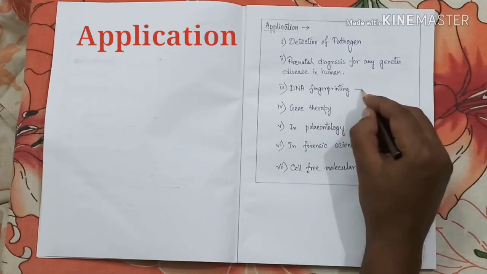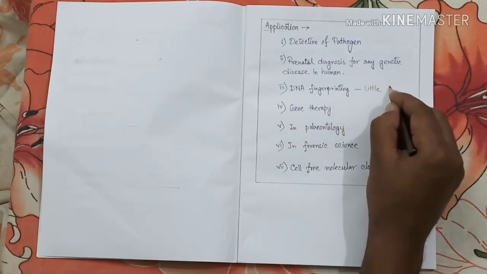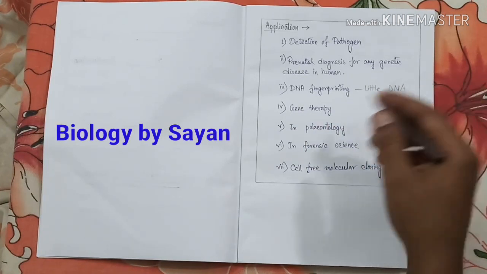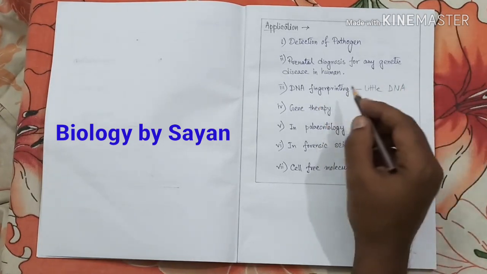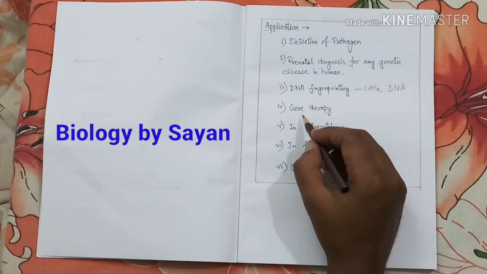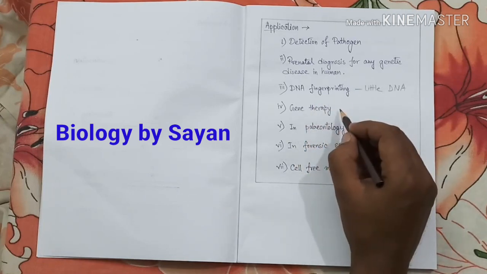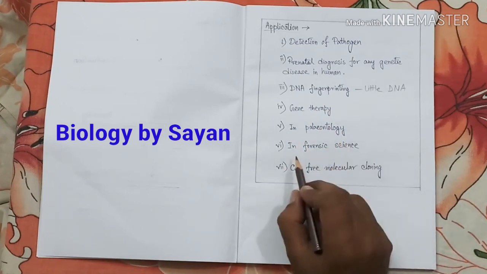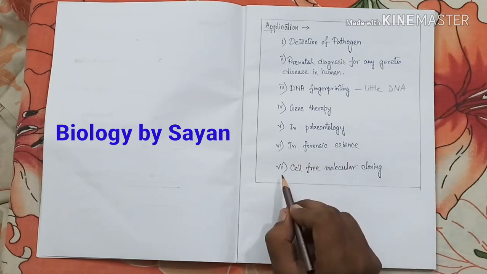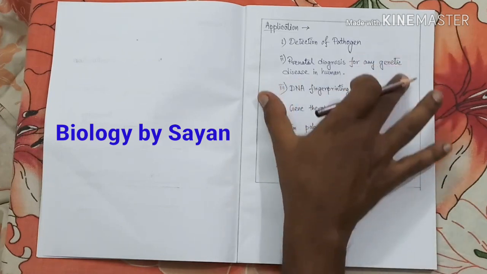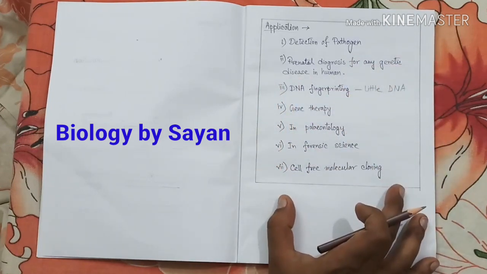Suppose you are working with a very small amount of DNA, then you can easily amplify the DNA content many millions of times, and then you can perform your own DNA fingerprinting procedure. This technique of PCR is also helpful for gene therapy and other kinds of biological research. It is also helpful in paleontological surveys, in forensic science, and especially in cell-free molecular cloning. So these are a few applications of the PCR technique.